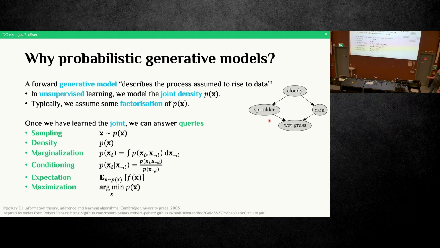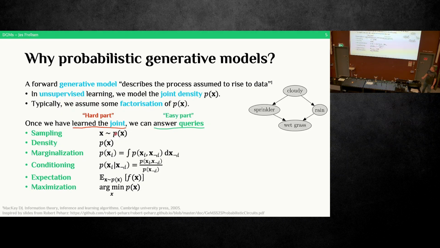Once we then learn the joint distribution over all these variables, we can answer probabilistic queries. The idea in generative modeling is that learning this joint is the hard part. Once we learn this joint distribution over all our variables, the easy part is to answer all the queries using our model.